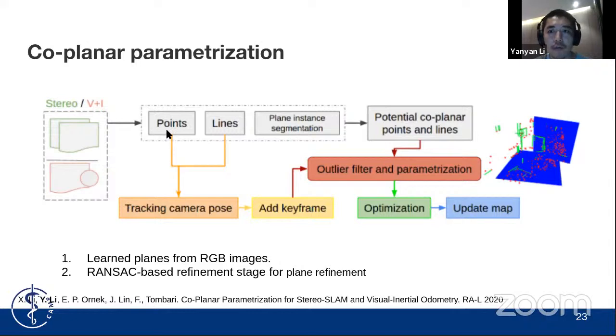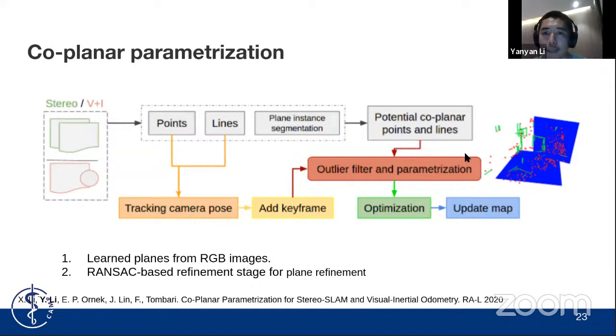After extracting existing points and lines, and also plane instance segmentation from networks, we have some potential coplanar features, since we cannot trust these planar regions directly, so they are only potential coplanar regions.